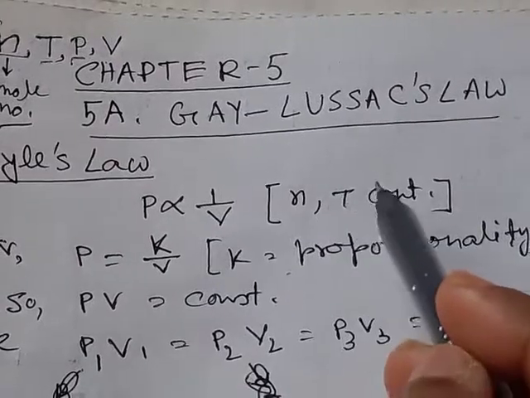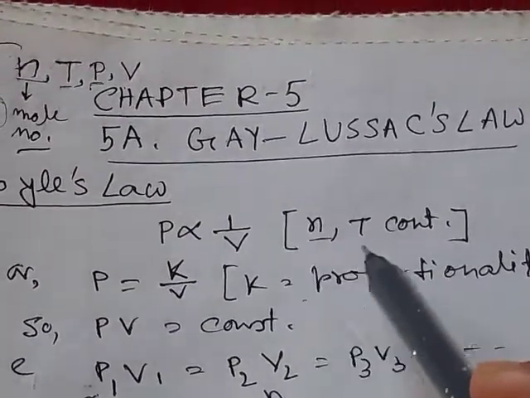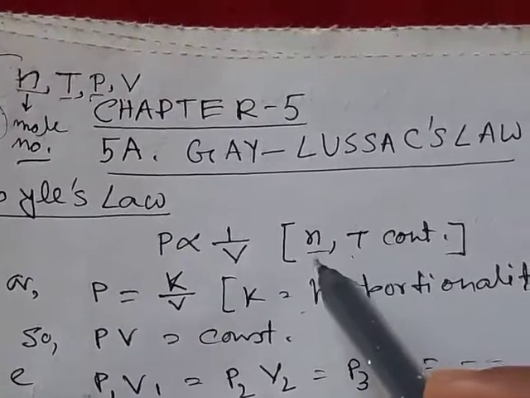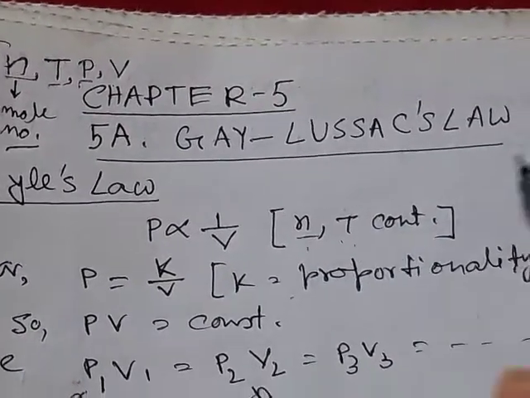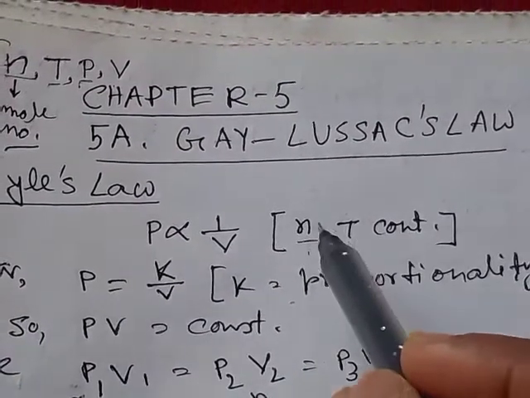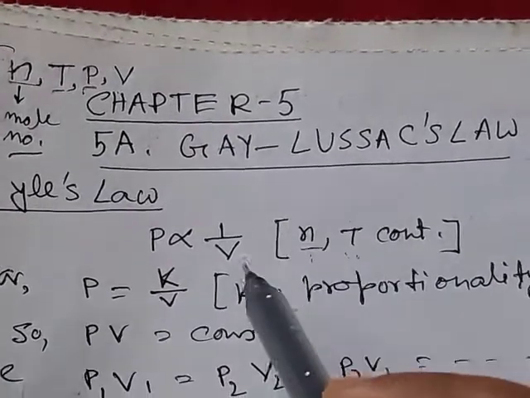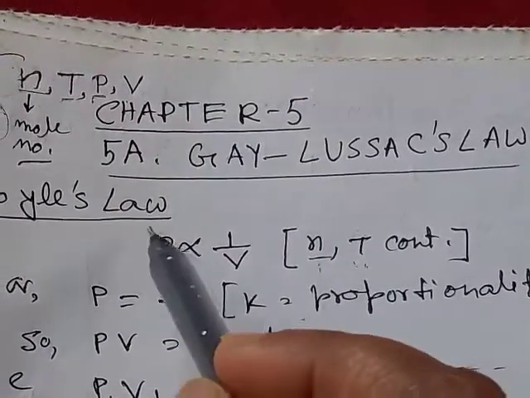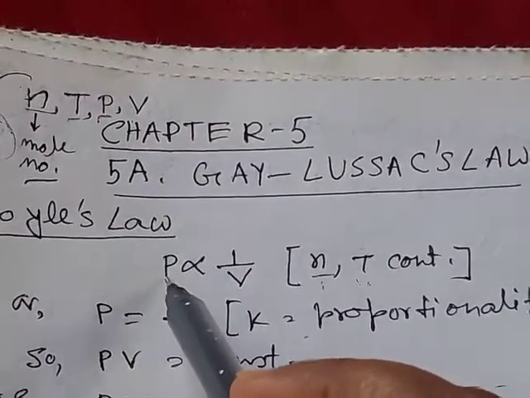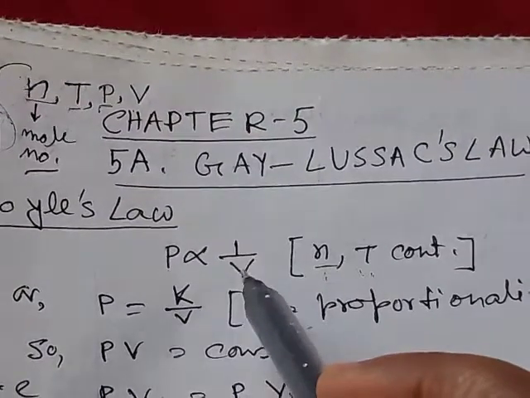Temperature and the quantity of the gas, the other 2 variables, have to be constant. So at constant temperature, for a definite quantity of gas, volume will be inversely proportional to pressure of that gas, or pressure of the gas is inversely proportional to the volume.